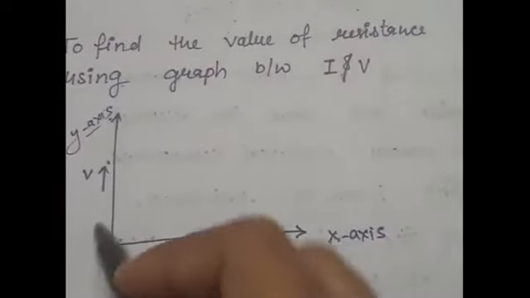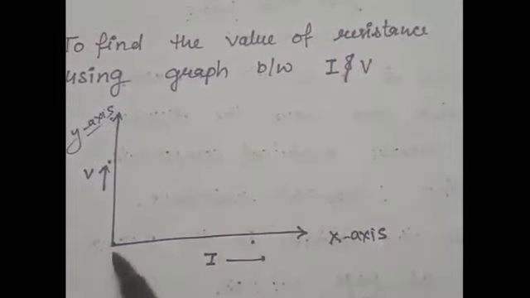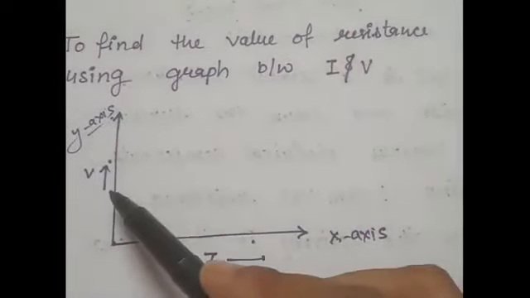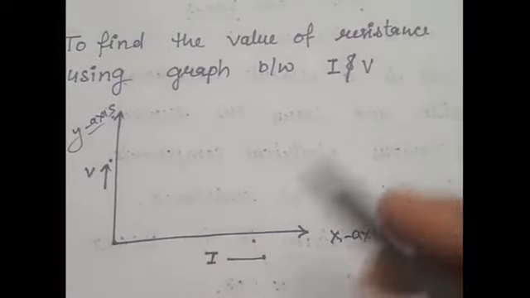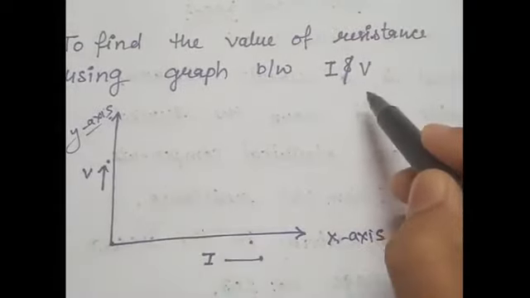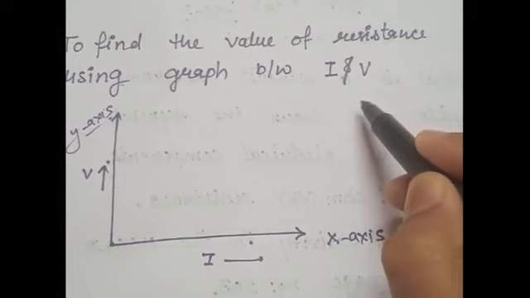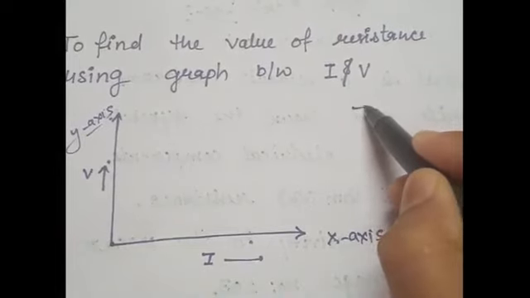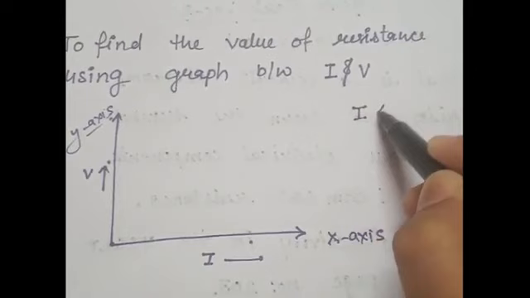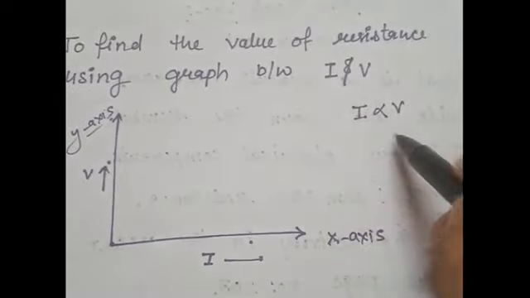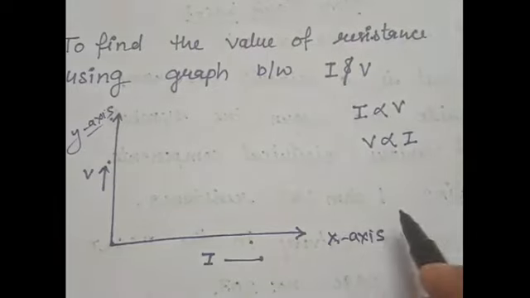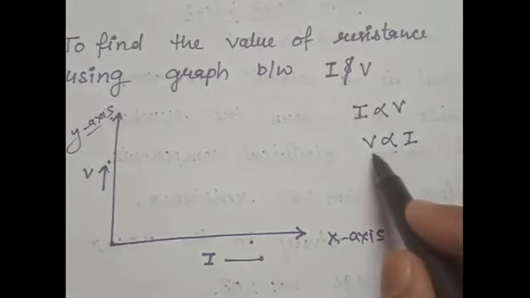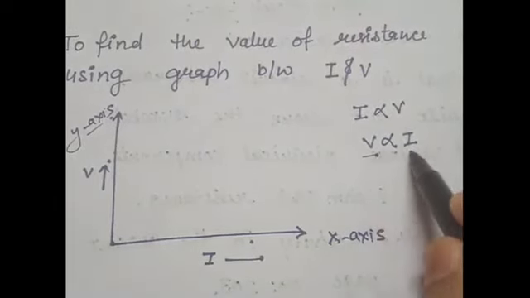Now as we know that when potential varies, the current also varies, and these two are linearly, or you can say directly proportional to each other. According to Ohm's law, I is directly proportional to V, or you can say V is directly proportional to I. That means when V increases, I also increases in the same proportion.